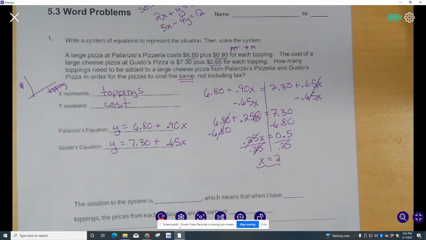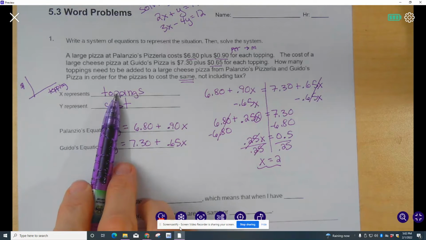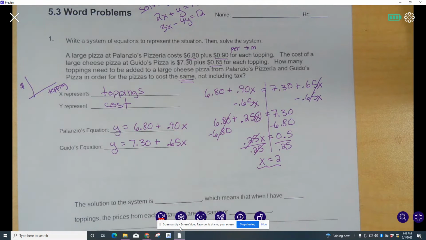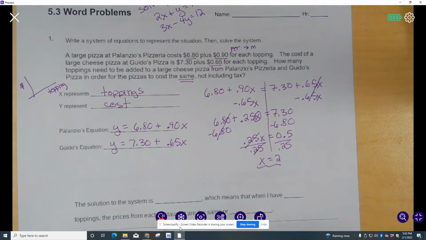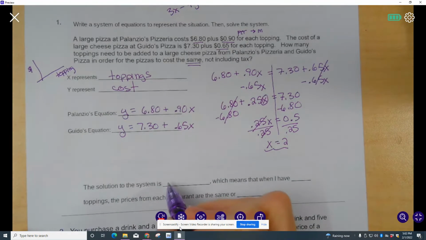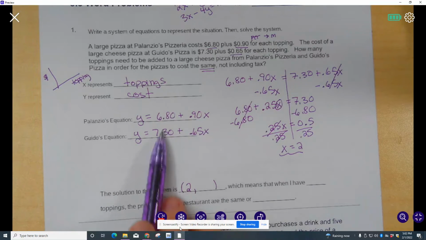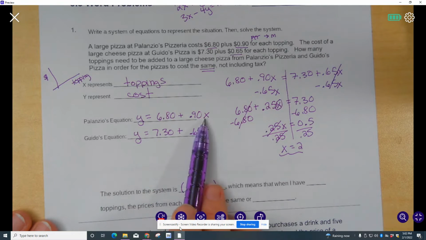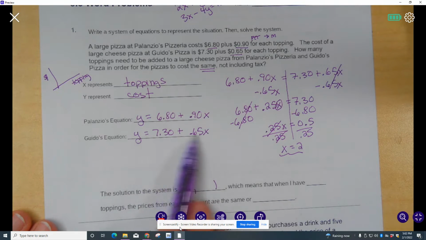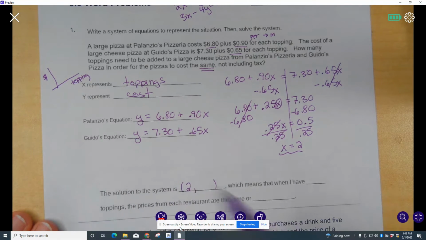Okay, so x is toppings. So I know when I get 2 toppings, the cost will be the same. I am also halfway done with finding my solution. I know x, and I need to find y. y is going to be the cost. I can use either of these equations and substitute x equals 2 into the equation. So I'm just going to choose this equation.